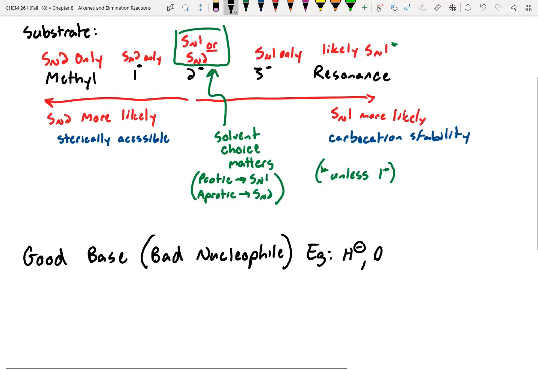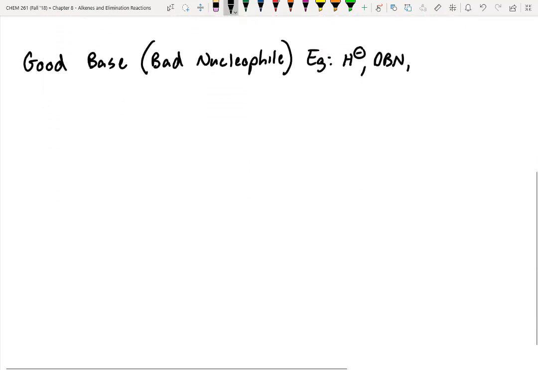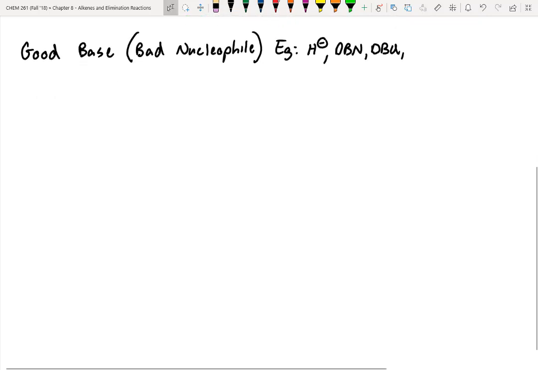What's another one? DBN. That was our big bicyclic ring system. DBU. Another one? Terbutoxide. Terbutoxide's too bulky to be a very good nucleophile. There was one more.